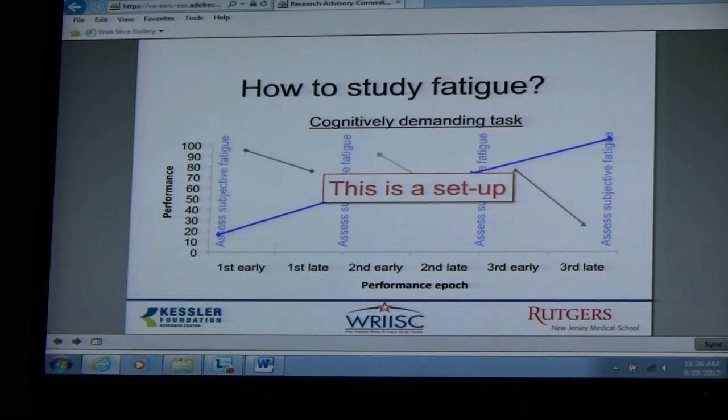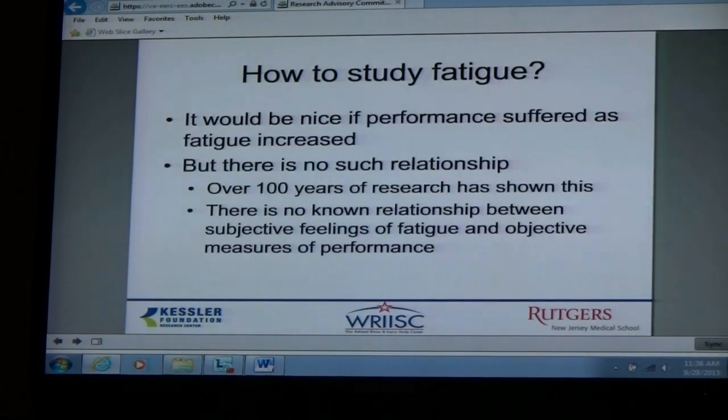Even though it's really sort of intuitive and you all followed me up to this point, in fact, in over 100 years of research, it's been shown that there is no relationship between subjective feelings of fatigue and objective measures of performance, like shoveling, or reaction time performance on some cognitive task.